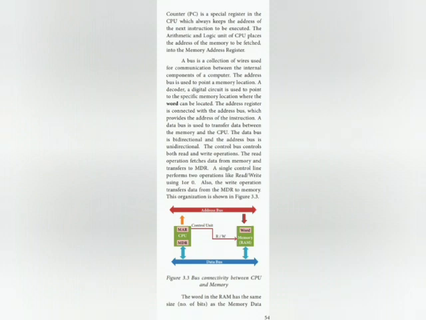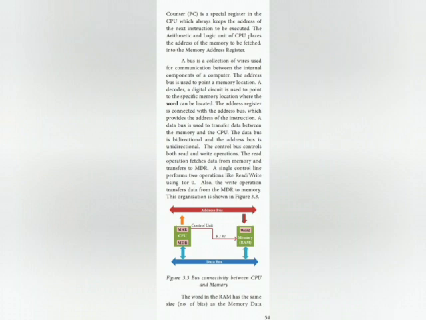The arithmetic and logic unit of the CPU places the address of the memory to be fetched into the memory address register. A bus is a collection of wires used for communication between the internal components of a computer. The address bus is used to point to a memory location.